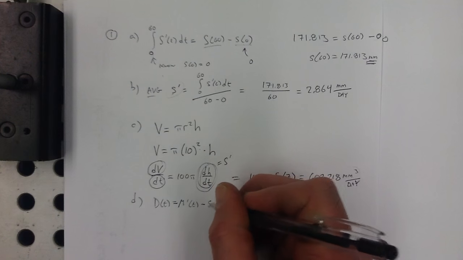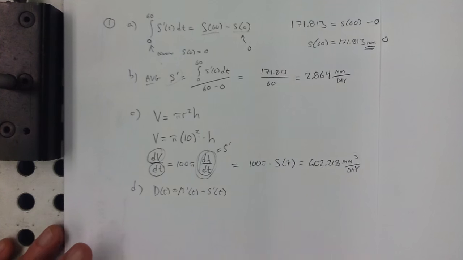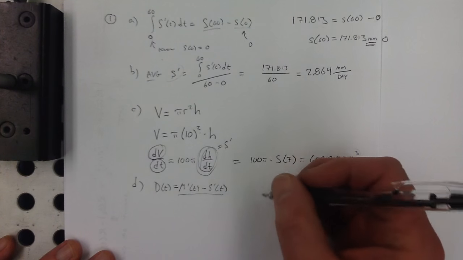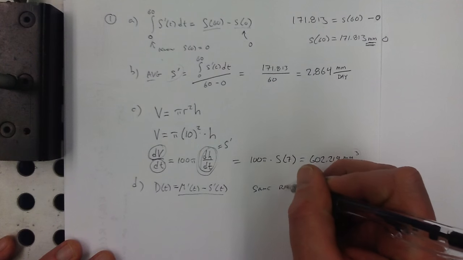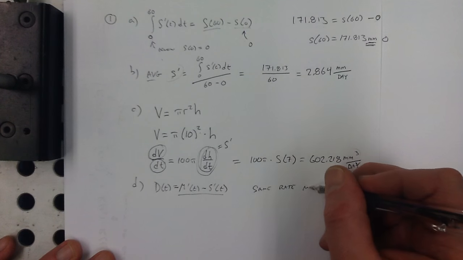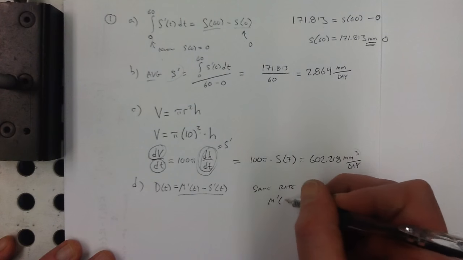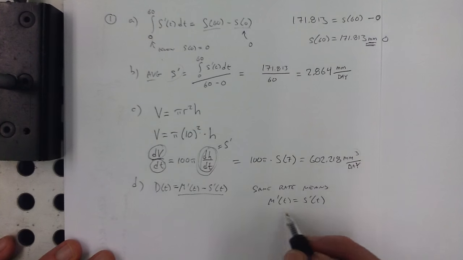Well, we want to try to find a time, or show that there's a time. We don't actually have to find the time when these two are changing at the same rate. Same rate means the same rate. That would mean that the rates of the two cans are equal, right?